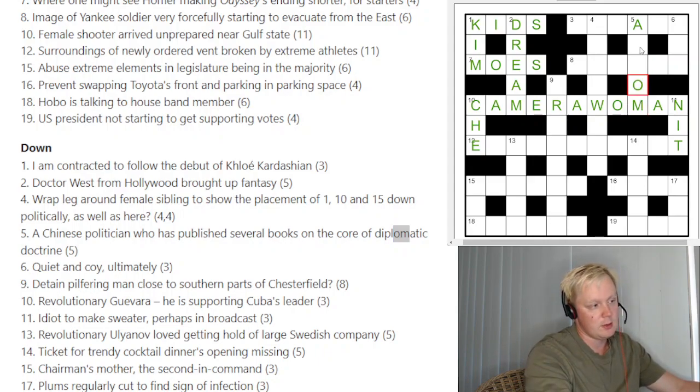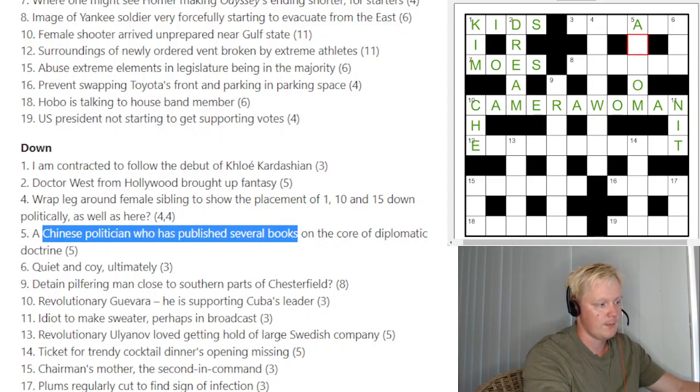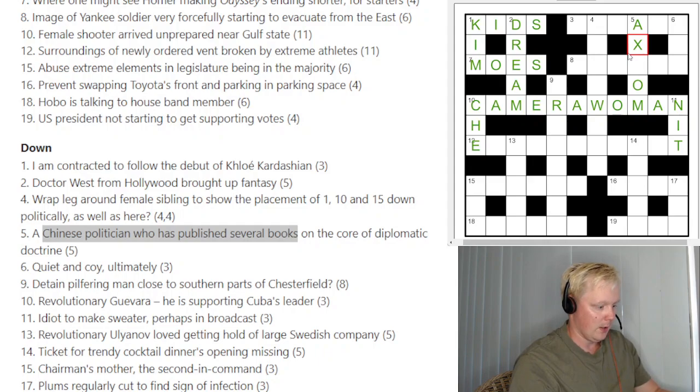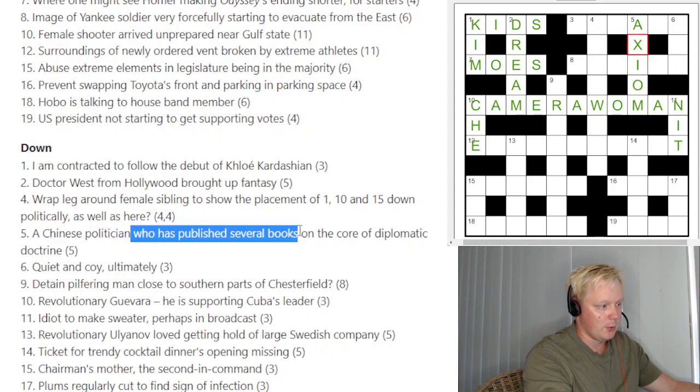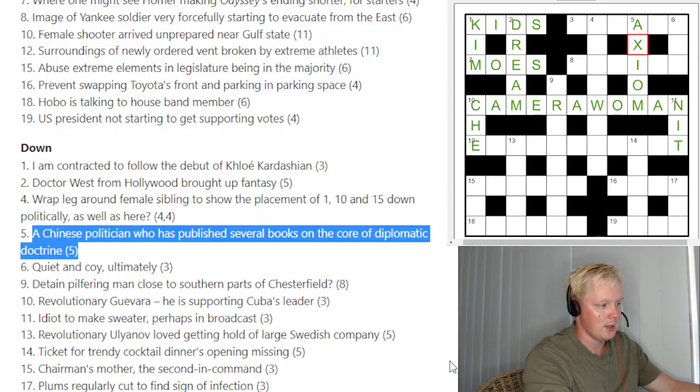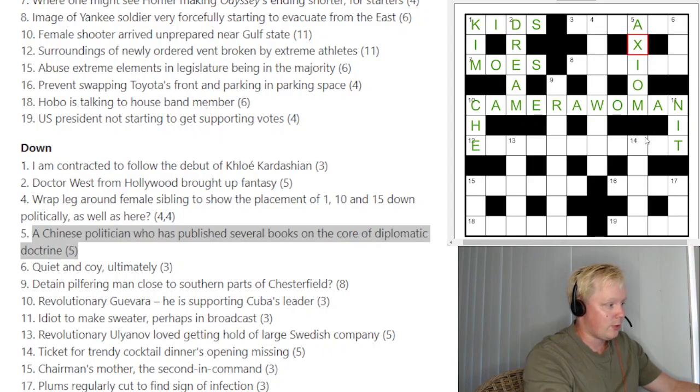And now we only need to fill in the name of a Chinese politician. But in fact, this whole thing is a unit, Chinese politician who has published several books. And, well, if you had to come up with one Chinese politician, chances are you would come up with this one, She, who has published several books. So all of this part was just part of the Chinese politician. So basically, the clue would work without it, but it wouldn't sound as good as a sentence. And axiom is a doctrine.